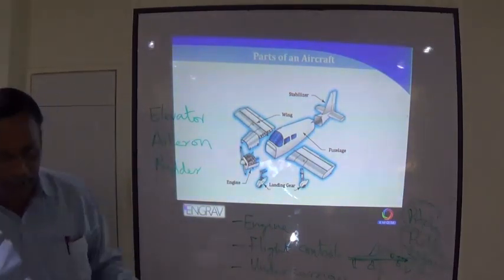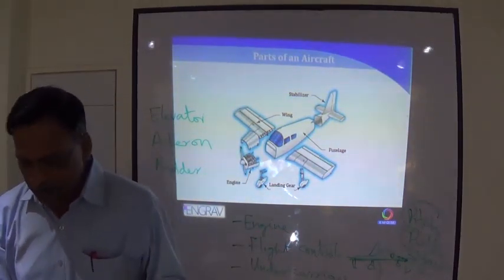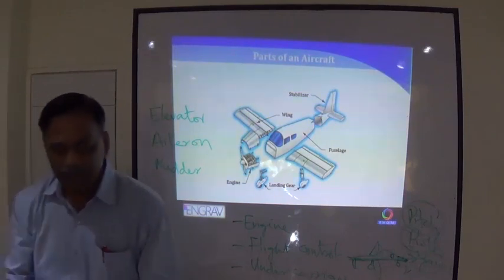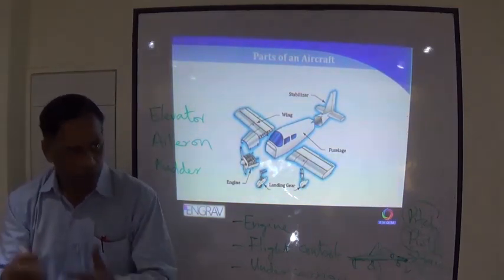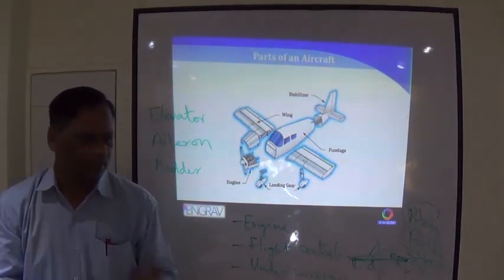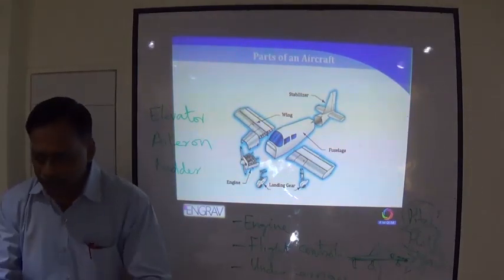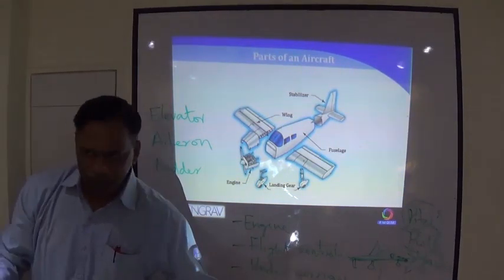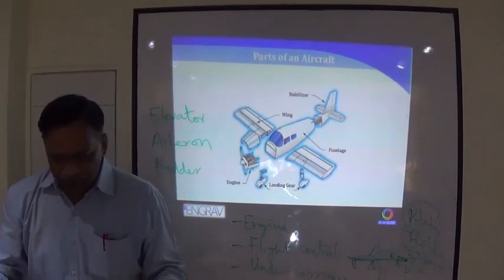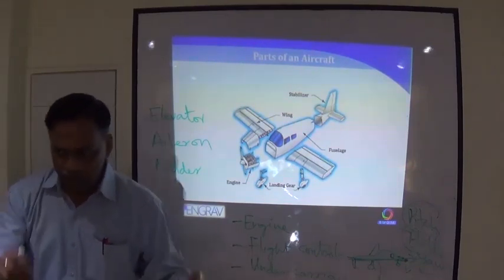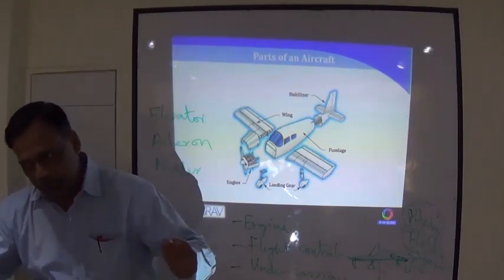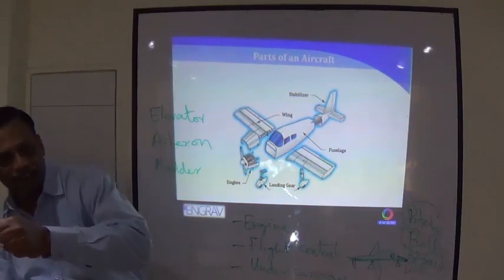So in the cockpit, the pilot has what is called a control column or a joystick. Control column is a better way, it's more technical language. The pilot has a control column, the co-pilot has a control column. So both follow each other. If the pilot is turning right, the co-pilot's control column also will turn right.